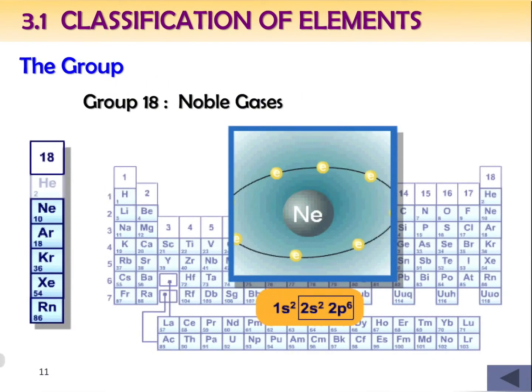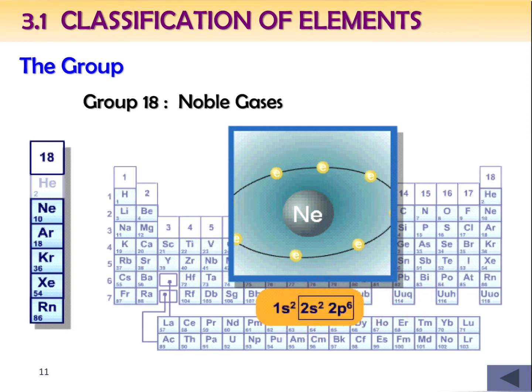Right, so next for group 18. For group 18 we look at the example neon. Neon has 10 electrons. When you write the electronic configuration, you will get 1s2, 2s2, 2p6. And then the first shell, second shell, and this is your valence electron, 8 valence electrons.